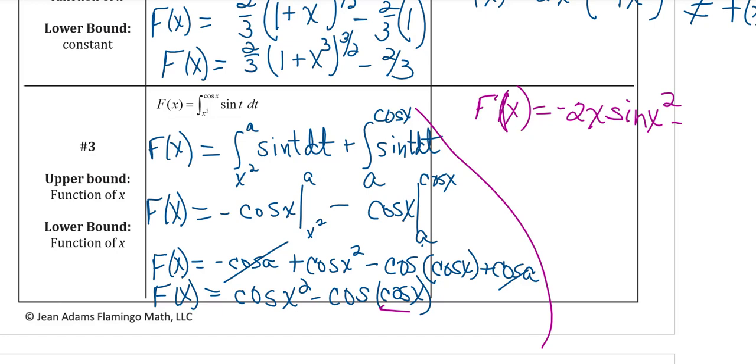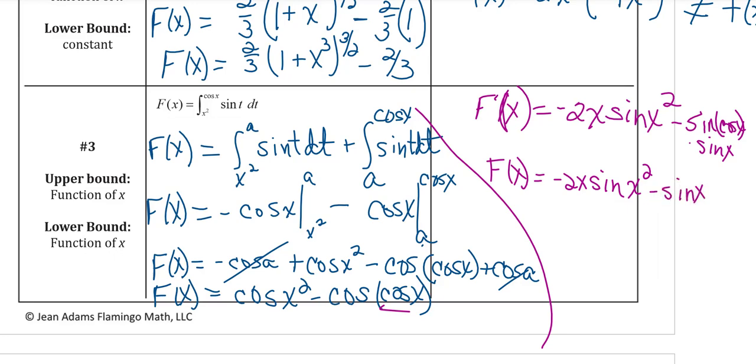So I'll have minus sine of cosine of x, and that'll be times sine of x. So it'll look like this. It's kind of an ugly derivative. Negative 2x sine squared of sine x squared minus sine x sine of cosine of x, which doesn't look anything like the original. So that definitely is not equal to f of x. So it is possible that sometimes it will be and sometimes it won't.